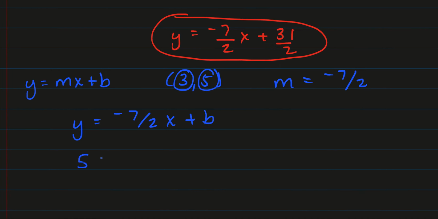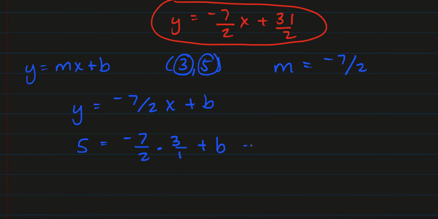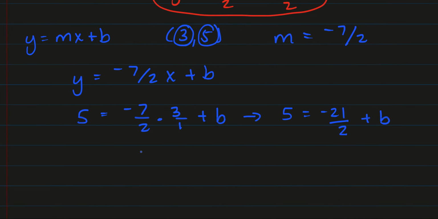So we get 5 is equal to negative 7 over 2 times 3 over 1. 3 over 1 is the same thing as 3, plus b. Solve for b. So we get 5 is equal to negative 21 over 2 plus b. Then we move this 21 over 2 to the other side. So we get 5 plus 21 over 2 is b.